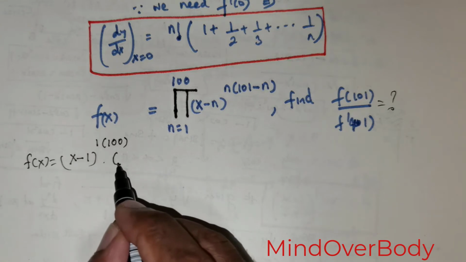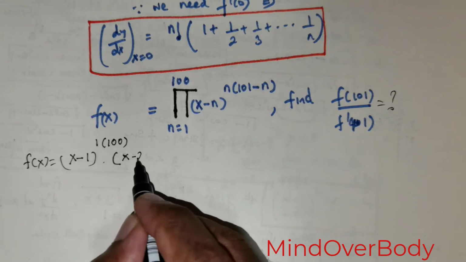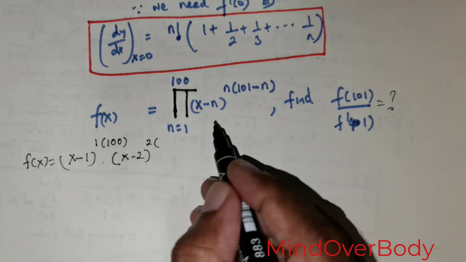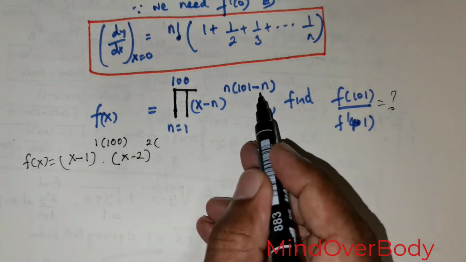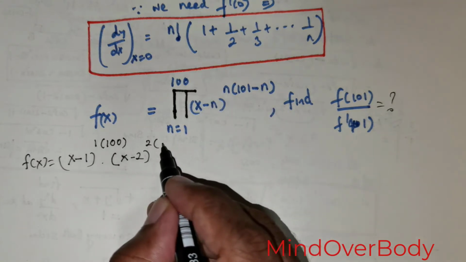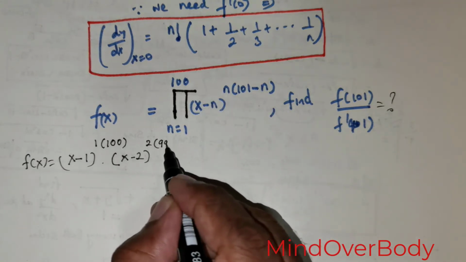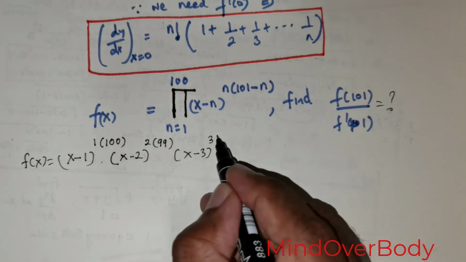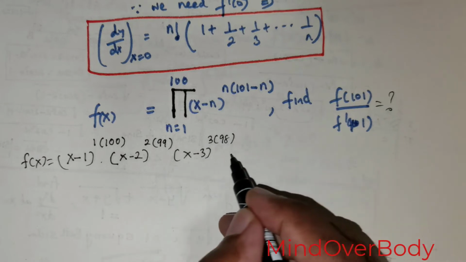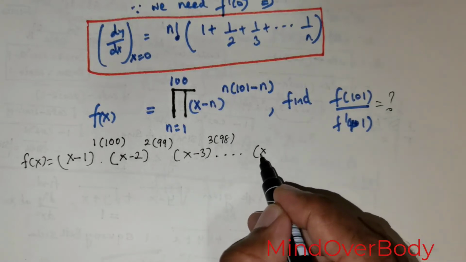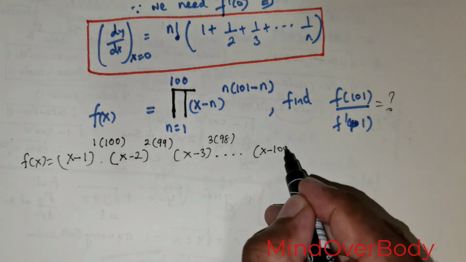Times, it's a product function, (x minus 2) for n equals 2, raised to the power of 101 minus 2, so that is 99, and for n equals 3, (x minus 3) raised to the power of 98, and it goes on up to (x minus 100).